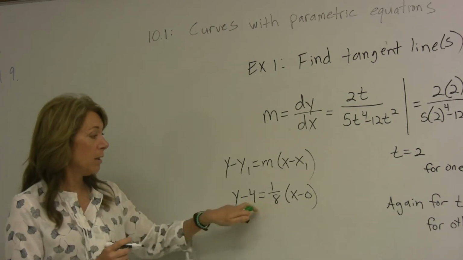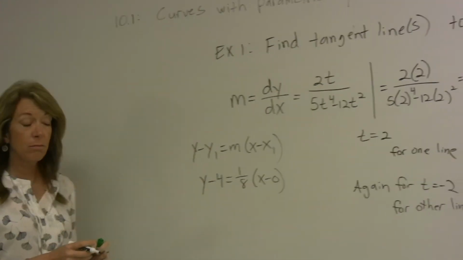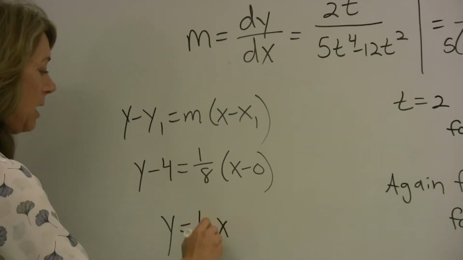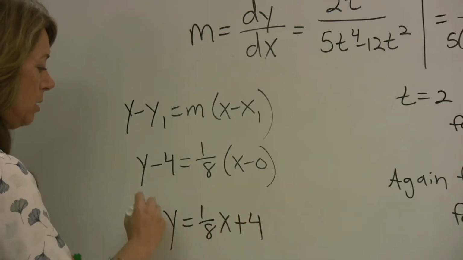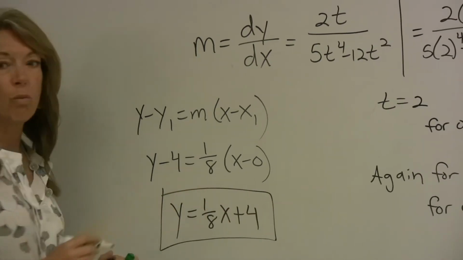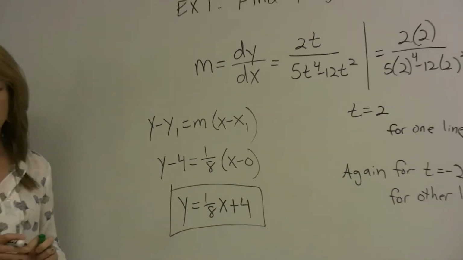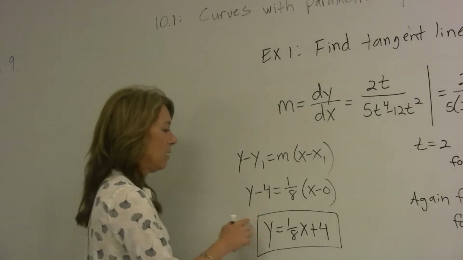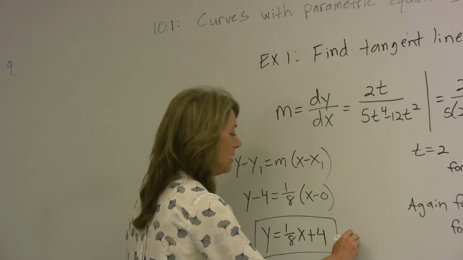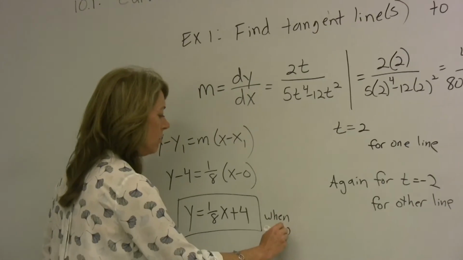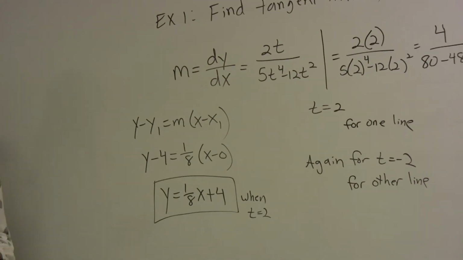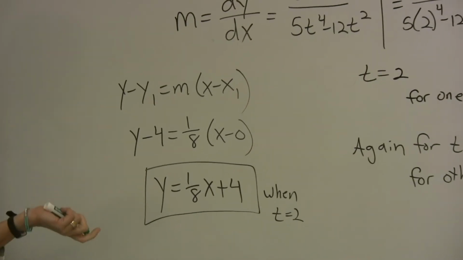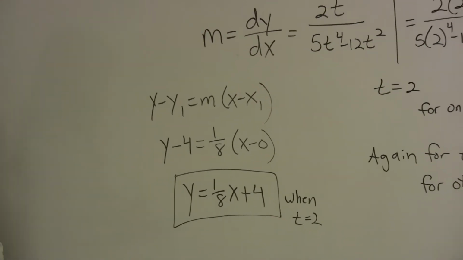Just plugging in my point and my slope that we just found. y = 1/8 x plus 4. That's one of the tangent lines. This is the tangent line when t equals 2. You don't actually have to designate this. If I just say find the 2 tangent lines, you find the 2 tangent lines. This is the one when t equals 2.